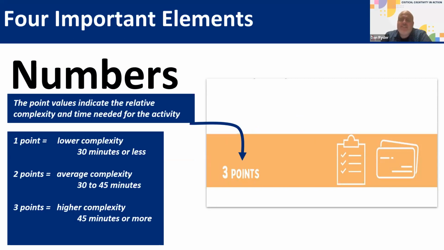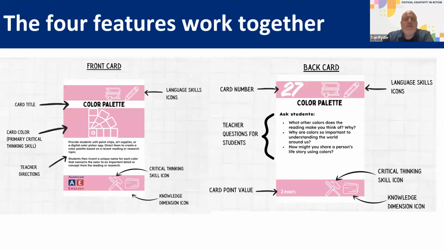And the 3 point activities are more complex and more challenging, and they might take more than one class period. So if we go back and look now at the cards, we can see all four of these features as they appear. Each feature is there to help improve on how these cards might be used in our classrooms.